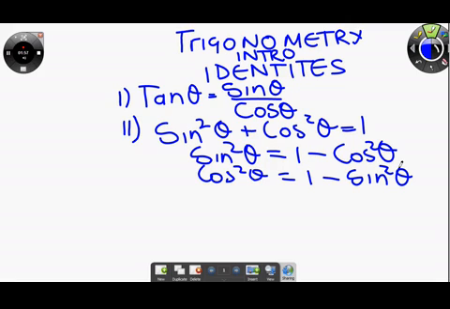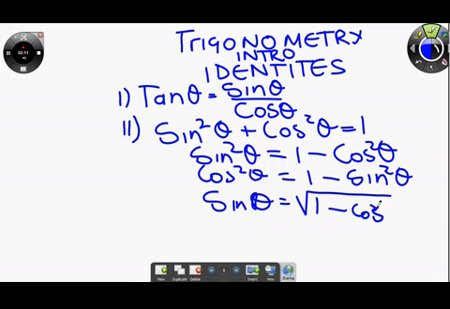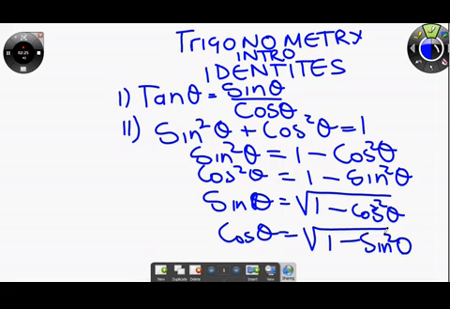Sometimes I also want people to understand that sine theta will become the square root of 1 minus cos squared theta, just like cos theta is equal to the square root of 1 minus sine squared theta. You must always keep this in mind, even though the main identity you need to remember is this one, and the rest come from it.